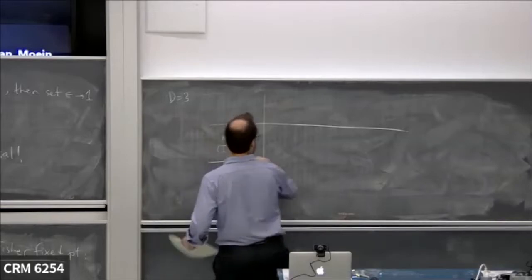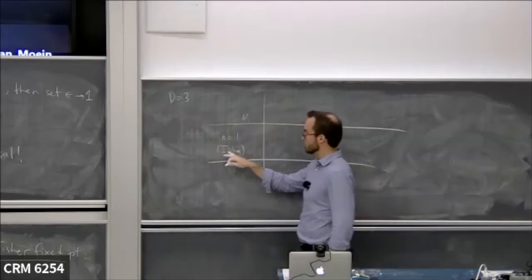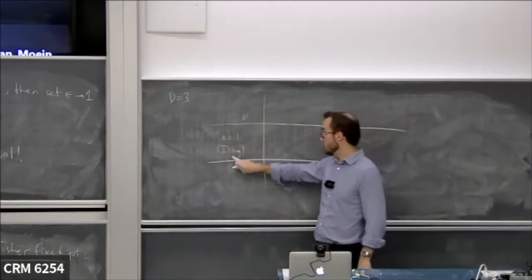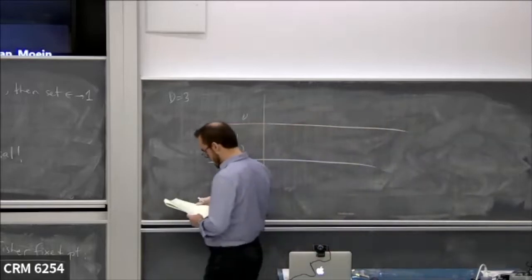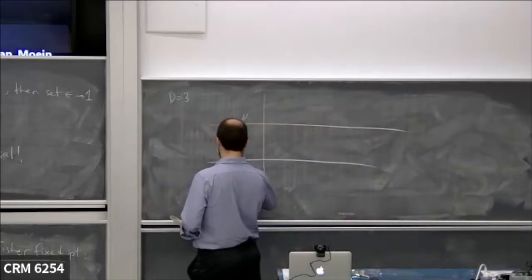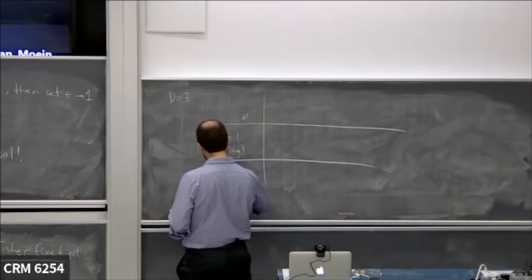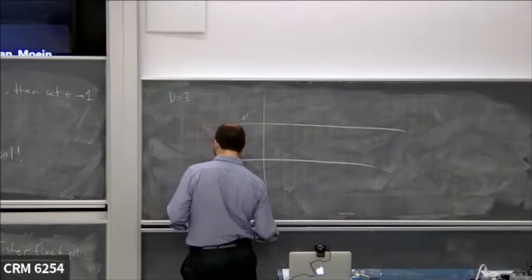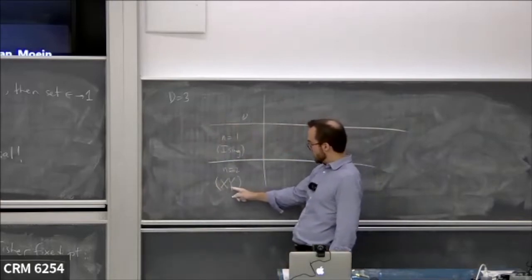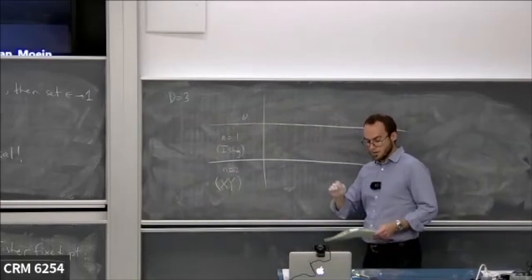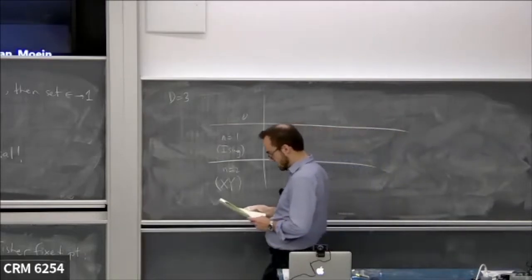This would be, for example, the classical 3D Ising model or the 2+1 dimensional quantum Ising model, the transverse field Ising model. Or I could look at n equals 2. This would be the XY universality class. This would be, again, the classical XY model in 3 dimensions, or, for example, the superfluid to Mott insulator transition in the Bose-Hubbard model at the particle-hole symmetric point.